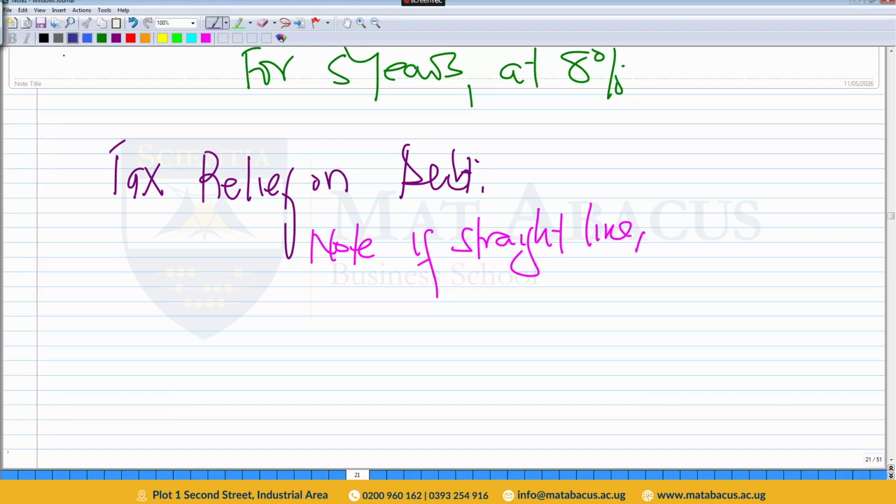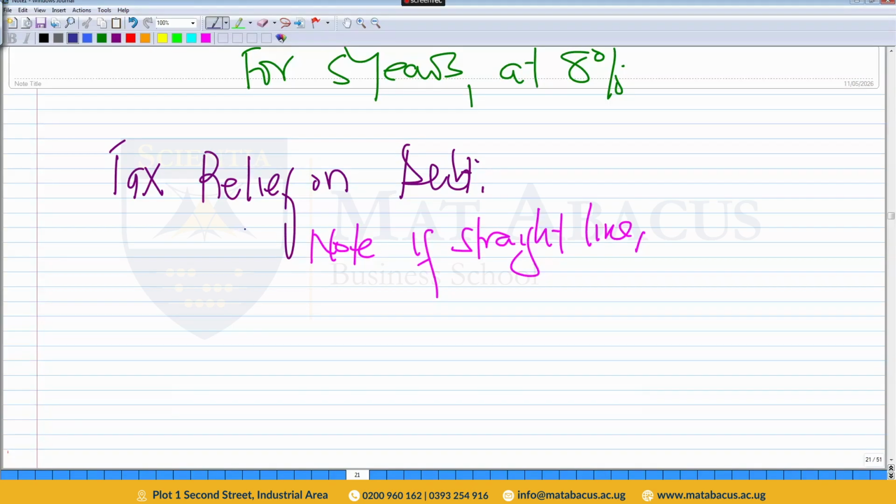There is a year when he brought an equation and the interest was on reducing balance. That means you had to draw that table. But if tax relief, the question doesn't tell you whether it is a straight line or reducing. Since you do a manual paper, you would go straight line.